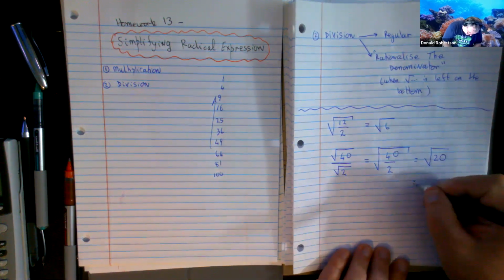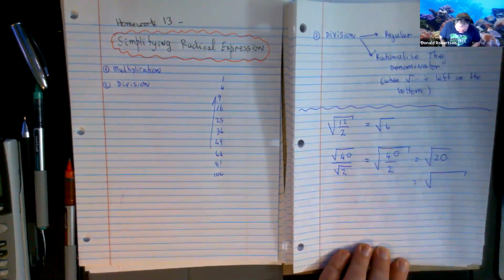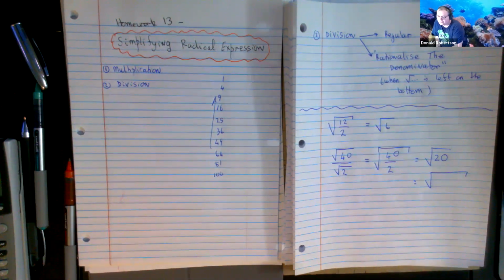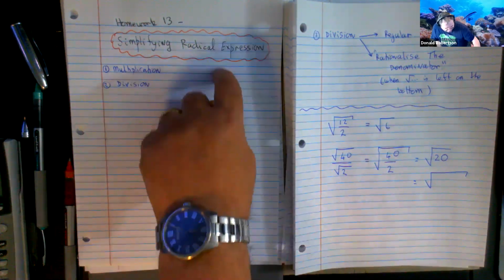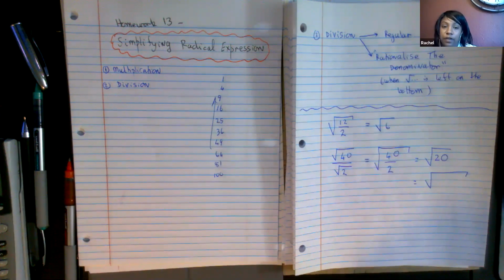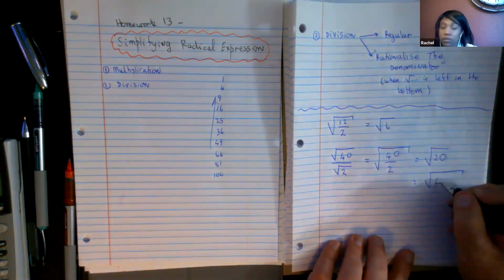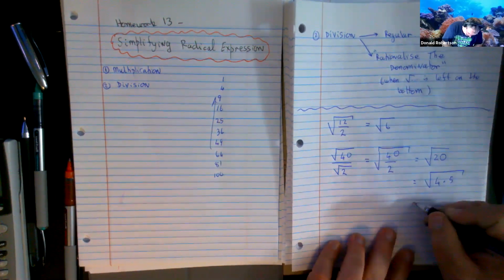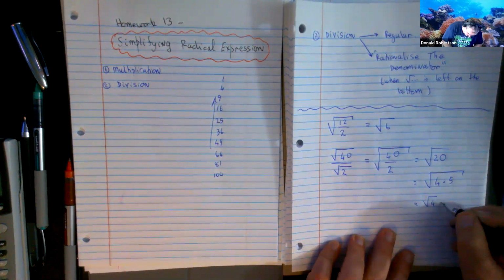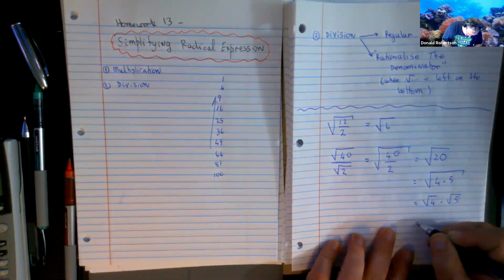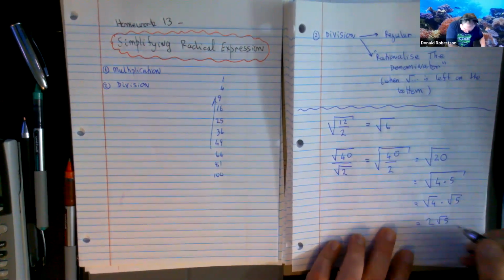How would we split the square root of 20? I want to simplify it. Who do I use for 20? 4 and 5, yeah. 4 and 5, which splits as the square root of 4 times the square root of 5. And that gets us to square root of 5.